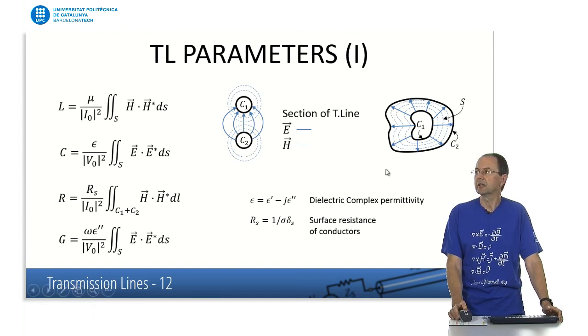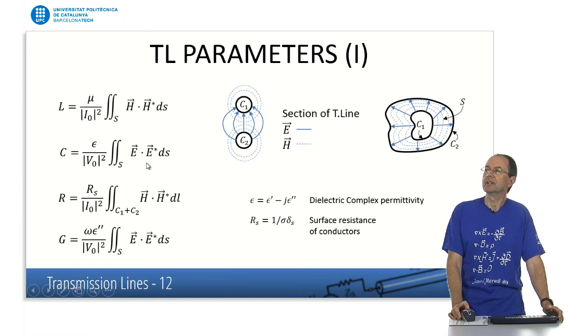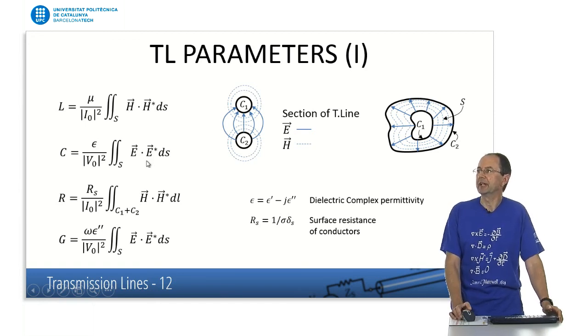Well, these parameters depend on the capacity of storing magnetic or electric field energy of the line, and also the loss mechanisms related to the resistance of the conductor and the conductance of the dielectric. And this can be calculated from the description of the magnetic or electric fields around the conductors in the line.